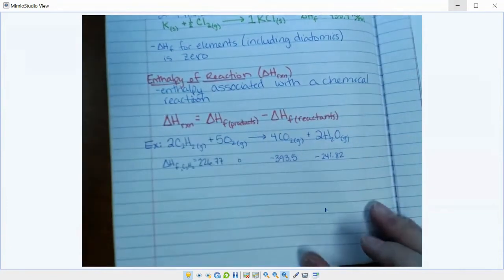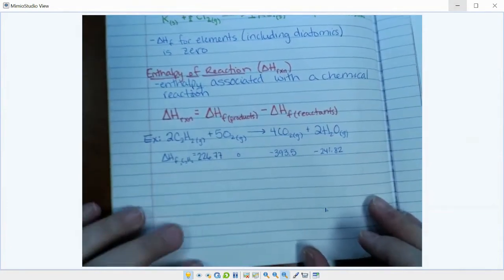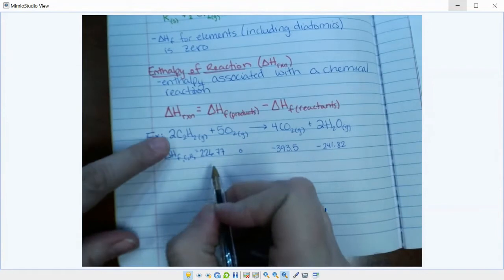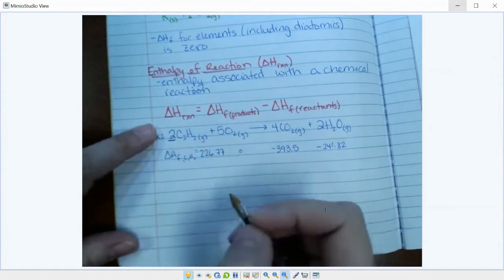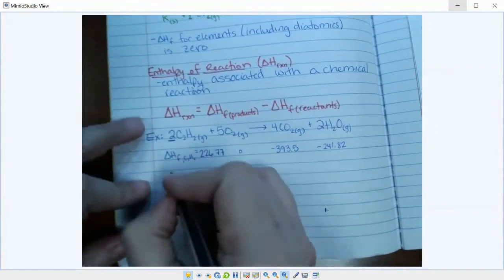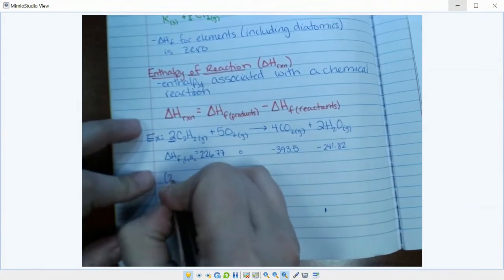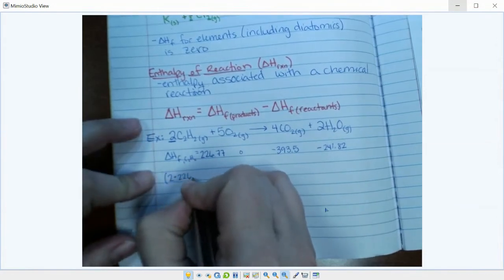So here's all you do. It seems complicated, but it's not. You take the coefficient and you multiply it by the enthalpy. So for this guy, I got 2 times 226.77.